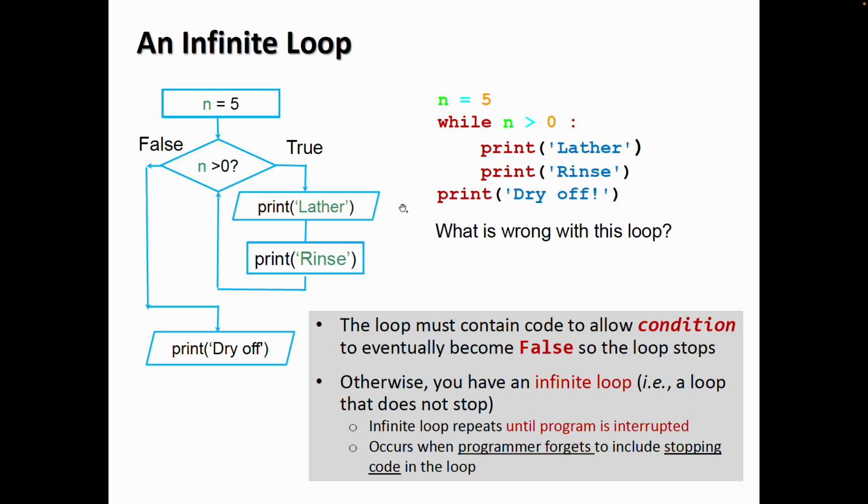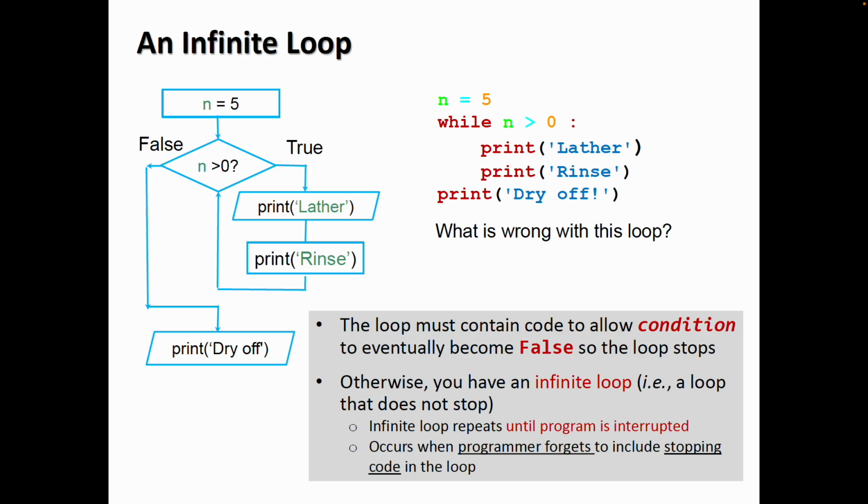So when we are designing a while loop, we should be sure that at some point the condition will be false. Otherwise, our program will not finish. Like in this example, this is also another example of an infinite loop. We set n equal to 5, and we check, okay, is n greater than 0? Yes.